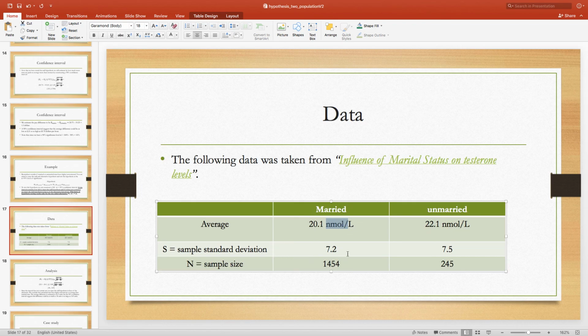For the married group, the sample standard deviation is 7.2, the average is 20.1, and the sample size is very large, 1454. For unmarried men, the average is 22.1, the sample standard deviation is 7.5, and the sample size is a bit smaller.